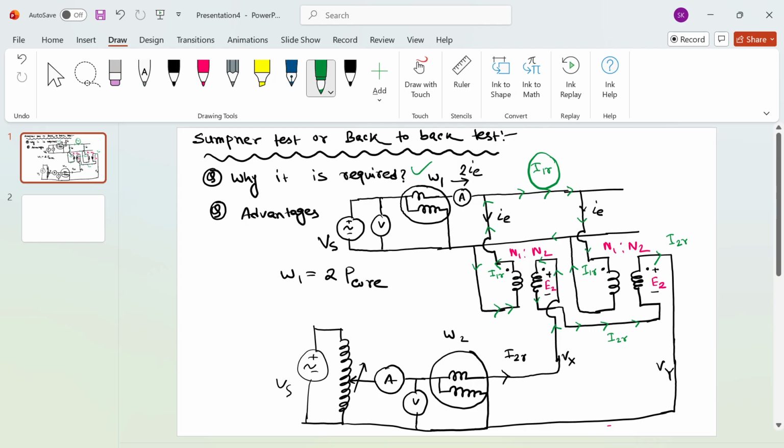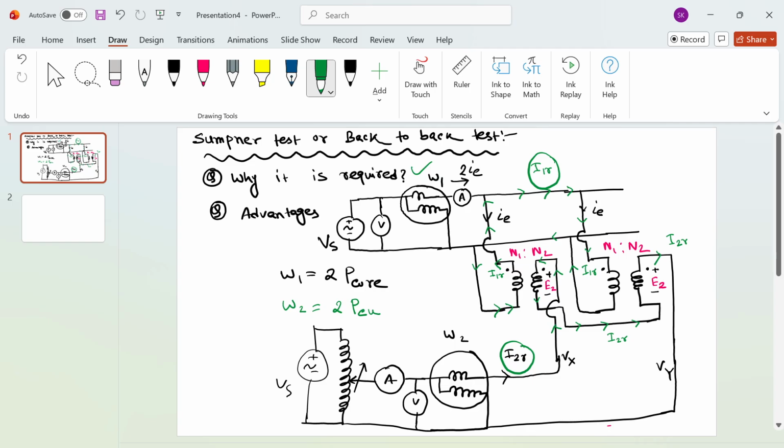Okay. And you can see, because of this I2R, it is flowing through the copper winding, so it will give the copper loss. So the copper loss reading of W2 will be 2 times PCU. Because see, it gives a great advantage.